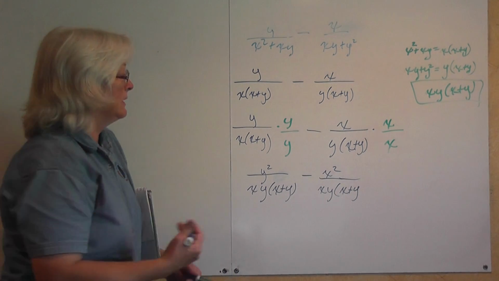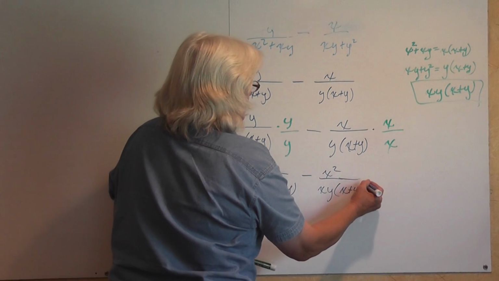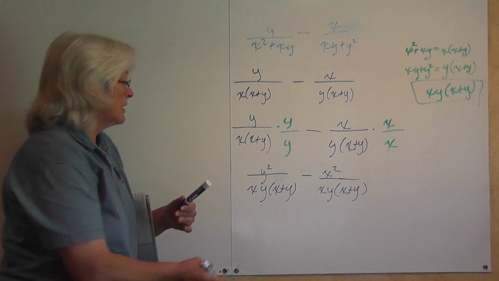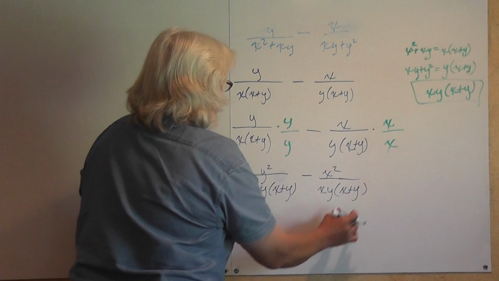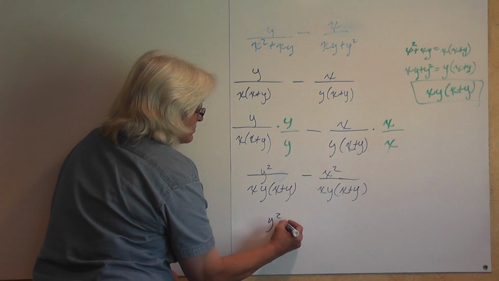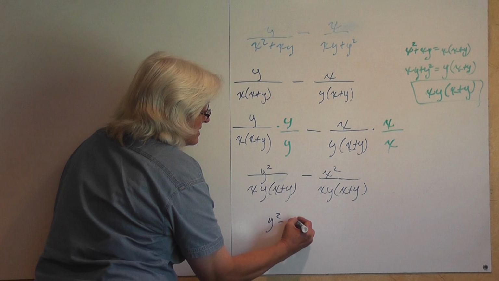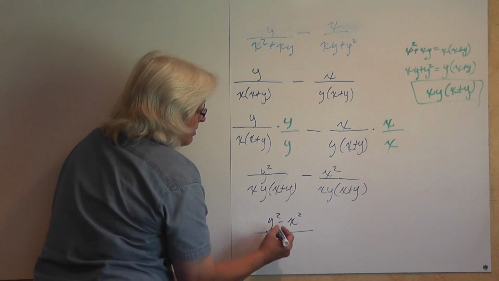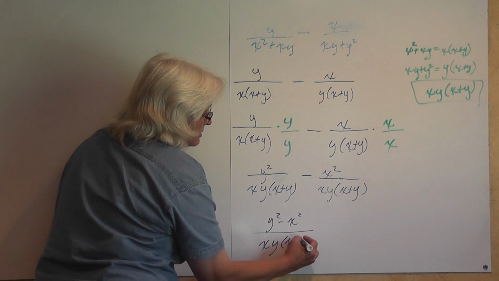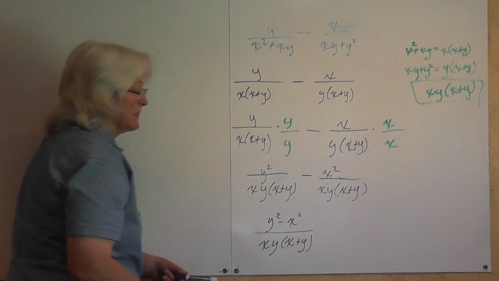Everybody see what we're doing here? Now, we have a subtraction problem. We have a common denominator. We end up with y squared minus x squared, all of this over x, y times the quantity x plus y.